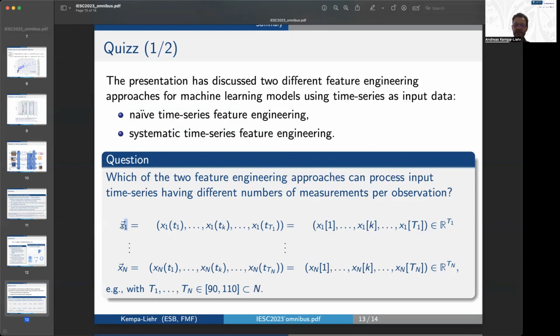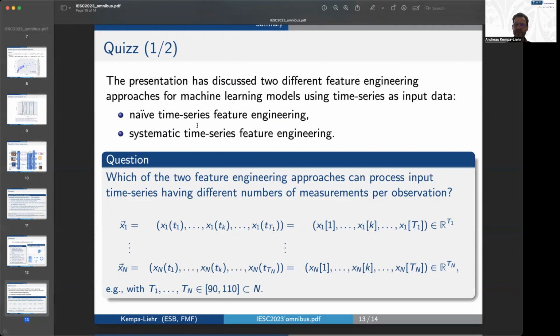The first observation has capital T1 measurements, right? And then the second observation has capital T2 many measurements, similar to this example where we had created word length sequences, right? Every sentence has a different number of words. So every observation, every word length sequence, has a different number of measurements.